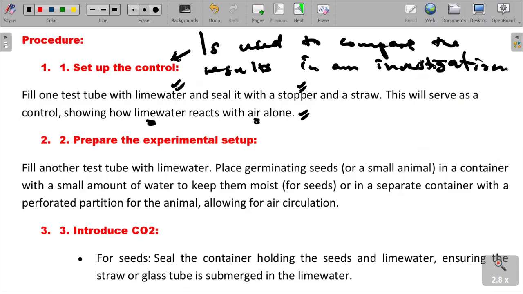So this setup, the control, is very important. When an investigation is to be done, we are always supposed to have a control. We can say that it is used as a benchmark in terms of making conclusive scientific findings in an investigation.